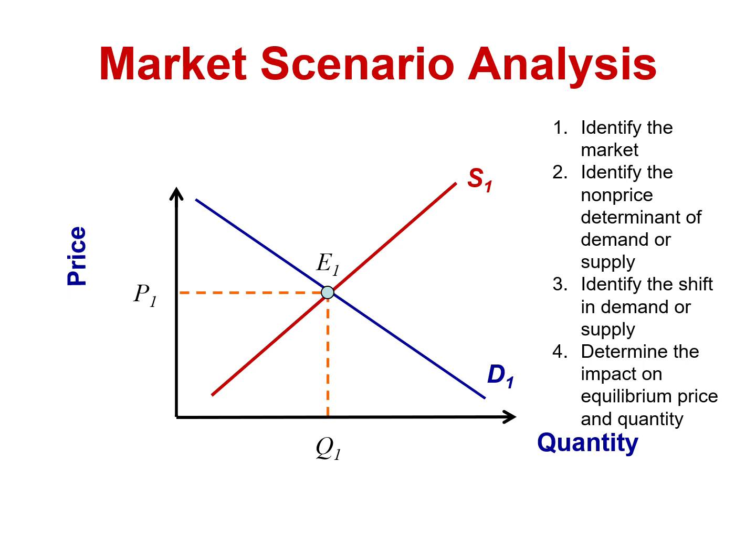Second, when you are presented with the scenario, you must identify what's going on in the event and how that is going to impact or affect one of the 5 non-price determinants of demand or the 6 non-price determinants of supply. After you've completed task number 2, then you'll identify the shift in demand or supply. You'll label on the graph whether demand increased or decreased, or whether supply increased or decreased.